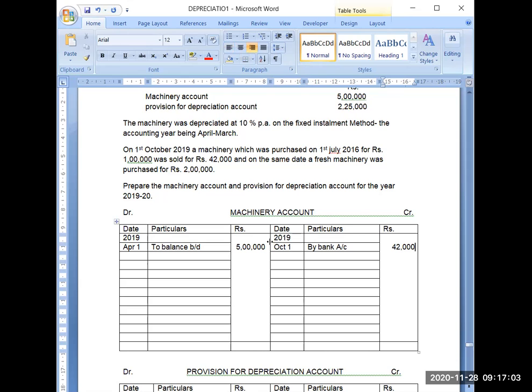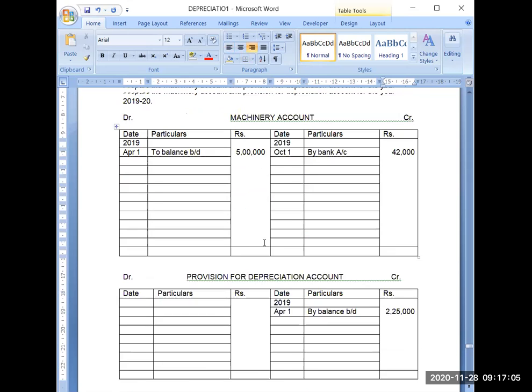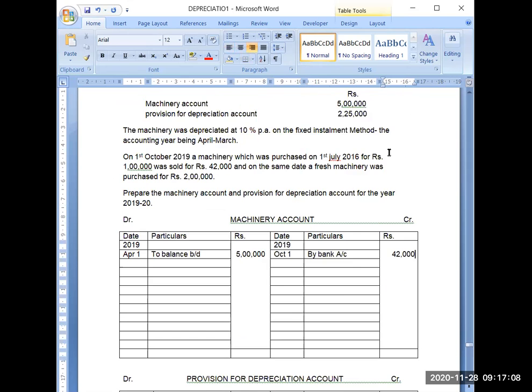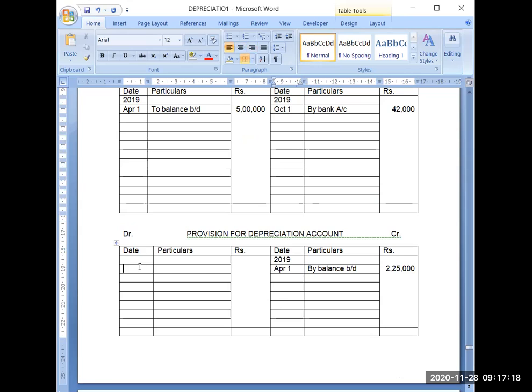Now in this method, the concept is that you have to calculate the total depreciation of this machinery charged from the 1st July 2016 to 1st October 2019, and that will be transferred here. So first we will charge the depreciation on this machine on October 1, by depreciation account.